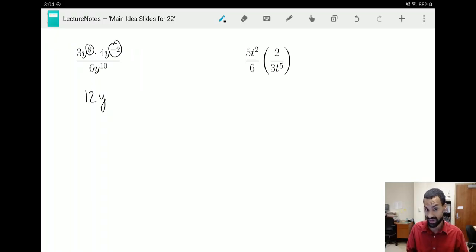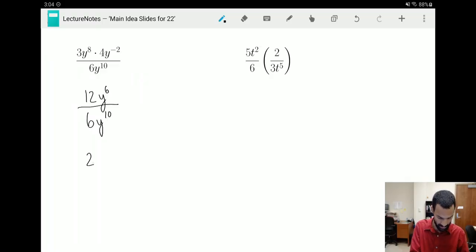Now, you're adding a negative, so you're really going to subtract it, but 8 plus negative 2 is going to be 6. Now the denominator, 6y to the 10th power. Okay, 12 over 6 is going to be 2. Subtract your exponents. 6 minus 10 is negative 4. So this becomes y to the negative 4th power.